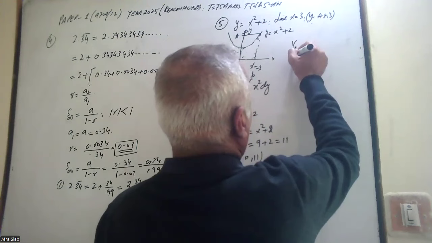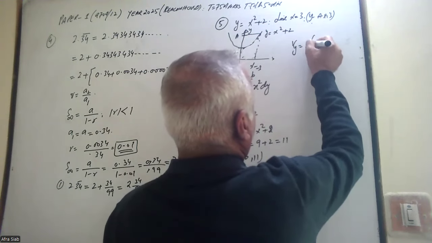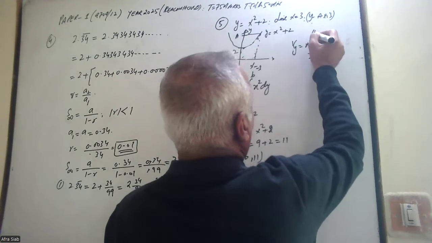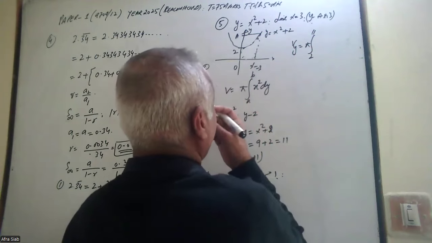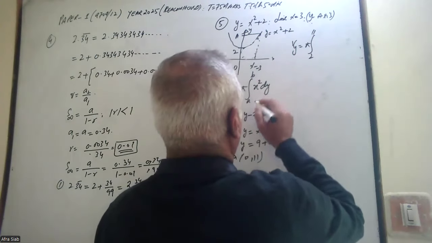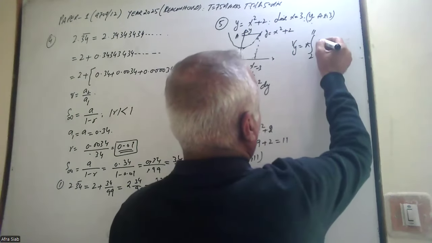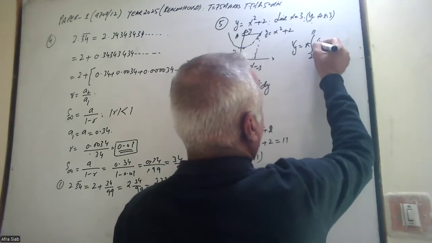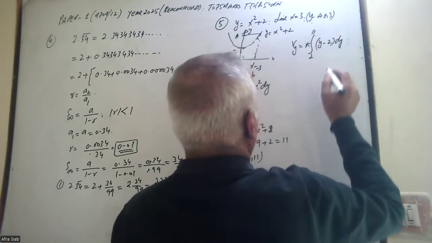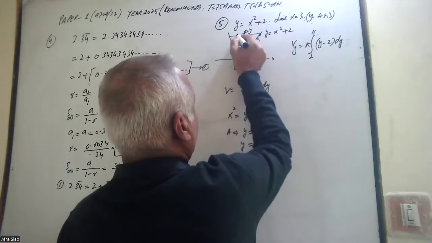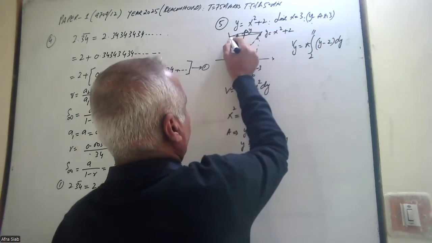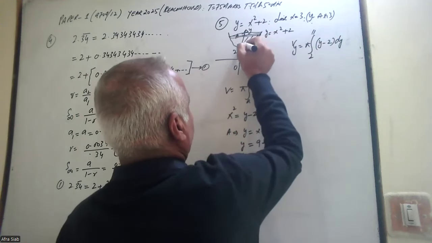So the volume about the y-axis will be equal to pi integral from 2 to 11 of x square, that is y minus 2, into dy, because this is the volume obtained from this solid.